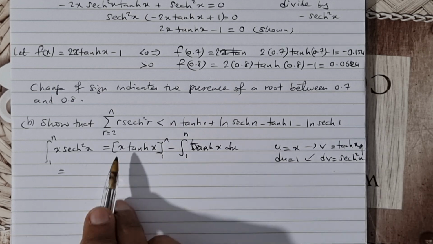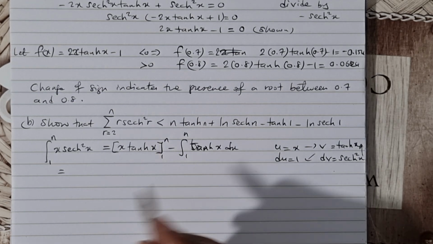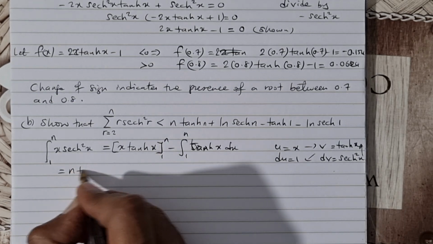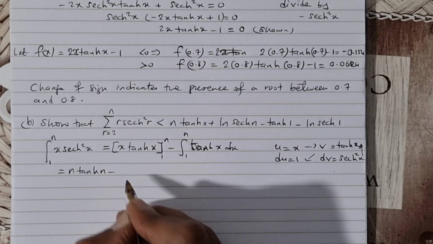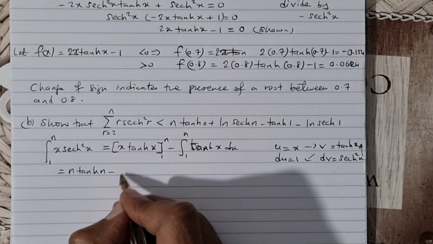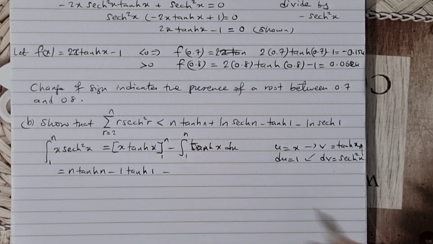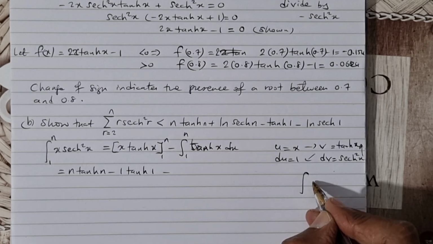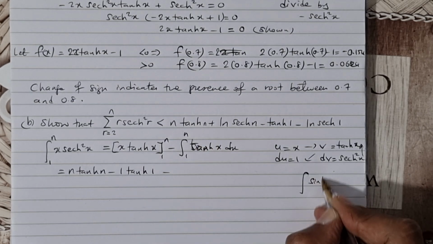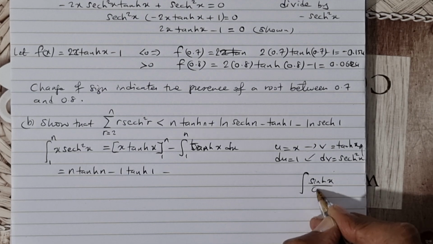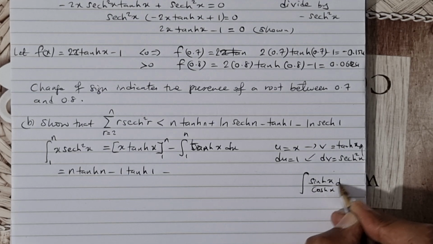Now, if I were to substitute the limits here, I'm going to get n tanh n minus 1 tanh 1. And if I were to integrate this, I should remember this is of the form sinh x over cosh x dx.